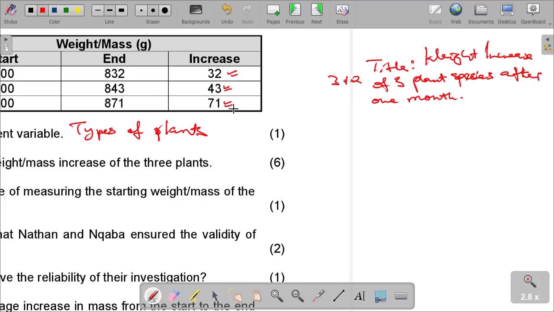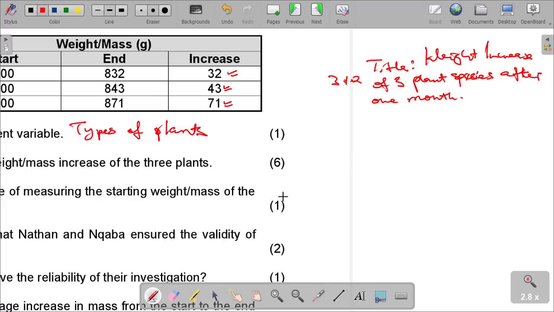So we need to draw a bar graph of this. When you're drawing a bar graph, you always have to have a scale and you should know what goes on the vertical and horizontal axes.